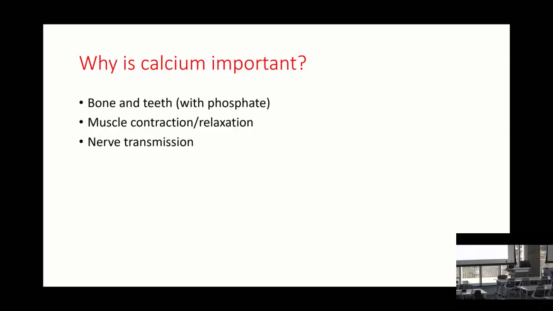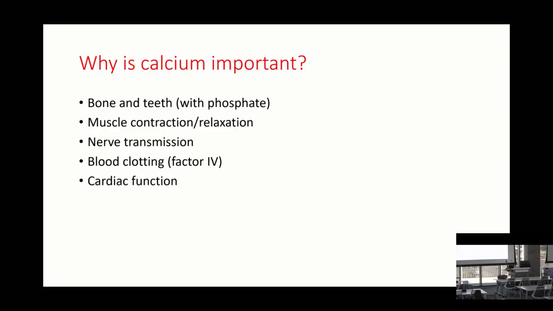What else? Anything else you can think about? Keep going. So clotting, okay? It's a key factor in the clotting cascade. Have you done the clotting cascade? Factor 4 is calcium, so it's very important for clotting, and when you don't have enough calcium, you can have issues with clotting.